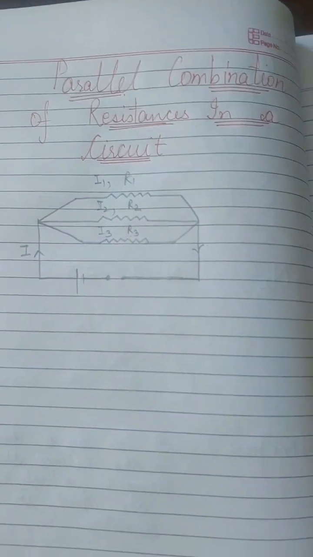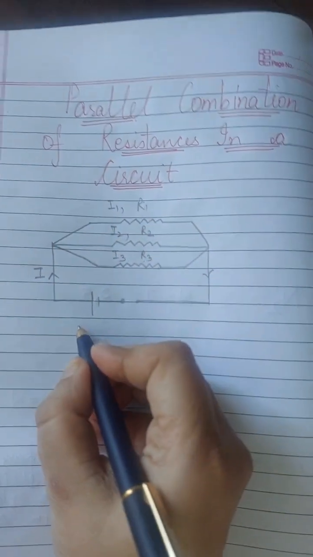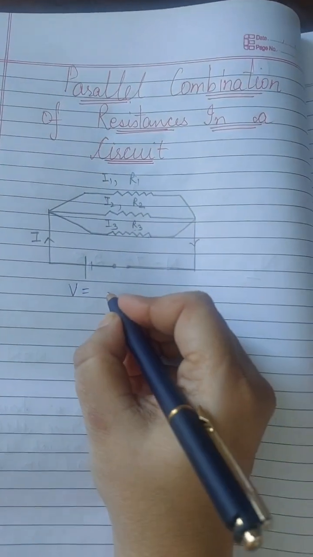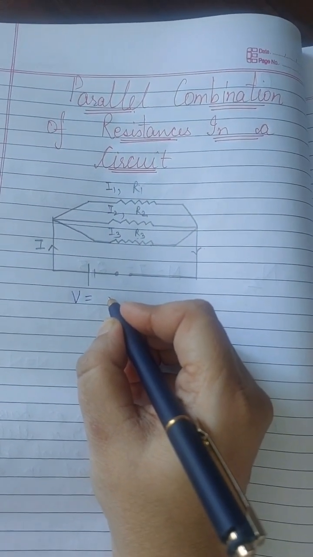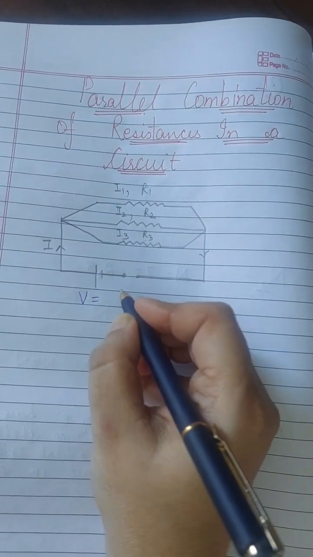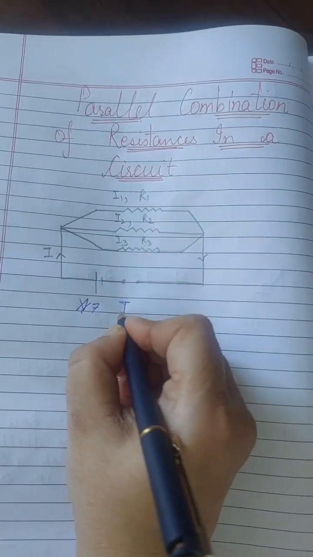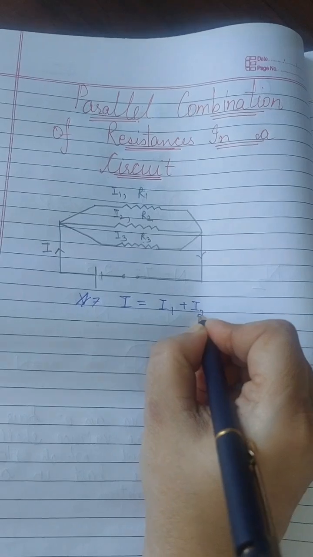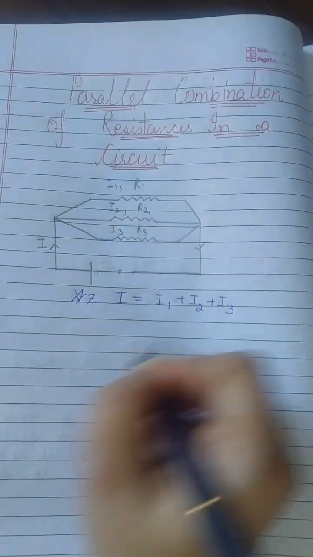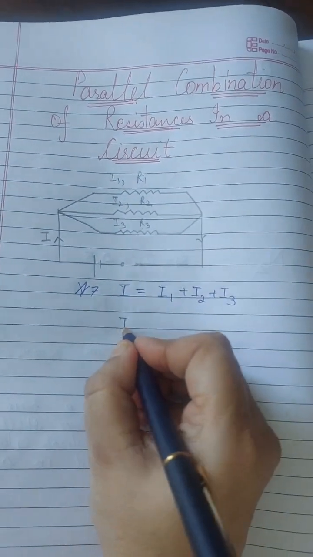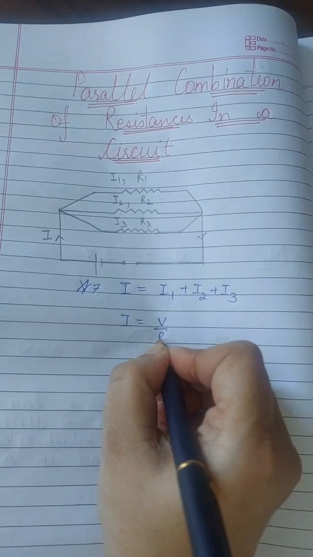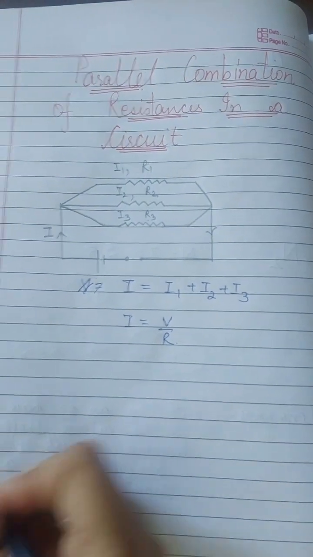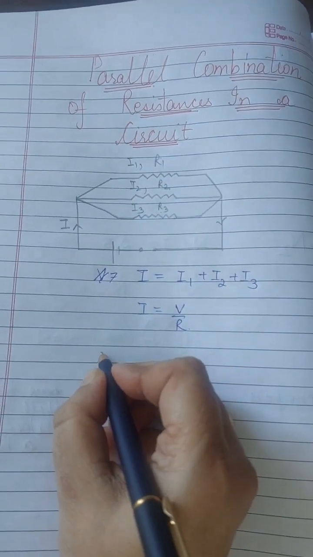So now, the total potential difference across the circuit is V, and the total current I across the circuit will be I1 plus I2 plus I3. According to Ohm's law, I is equal to V upon R. Let's put the values over here.